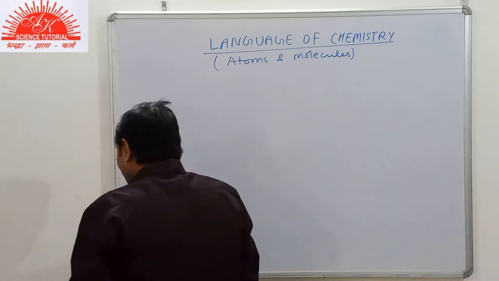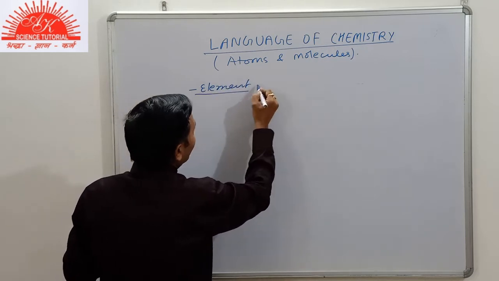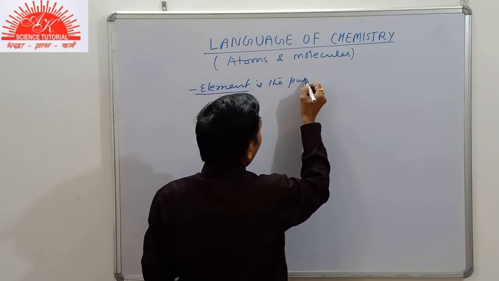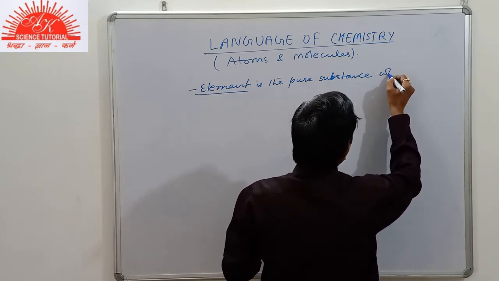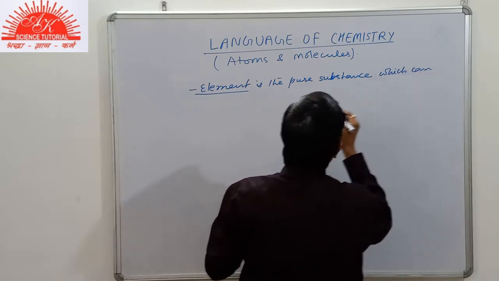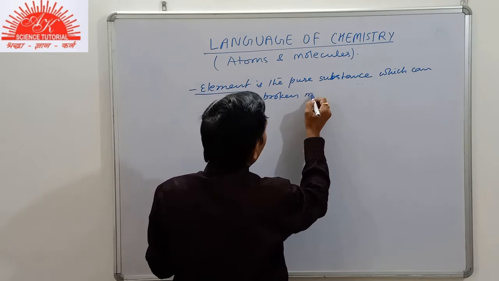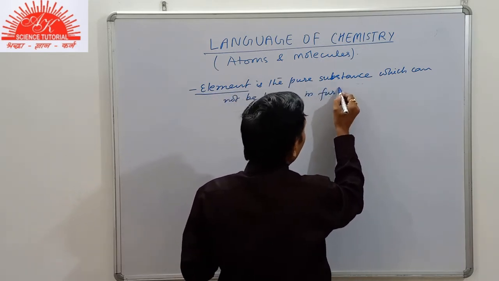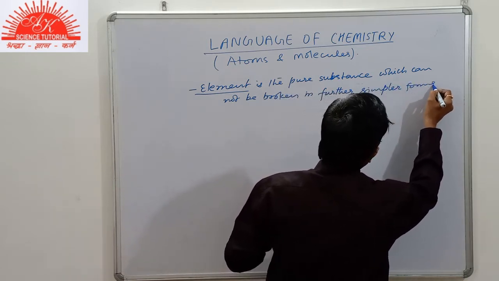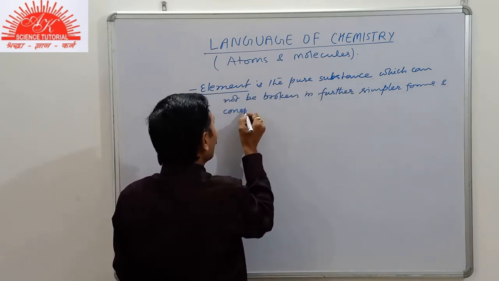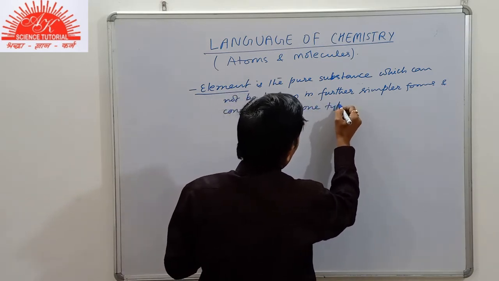An element is a pure substance which cannot be broken down into further simpler forms and consists of only one type of atoms.